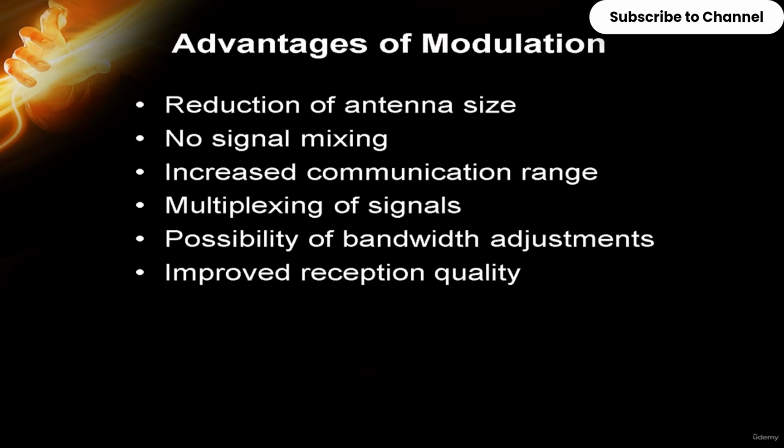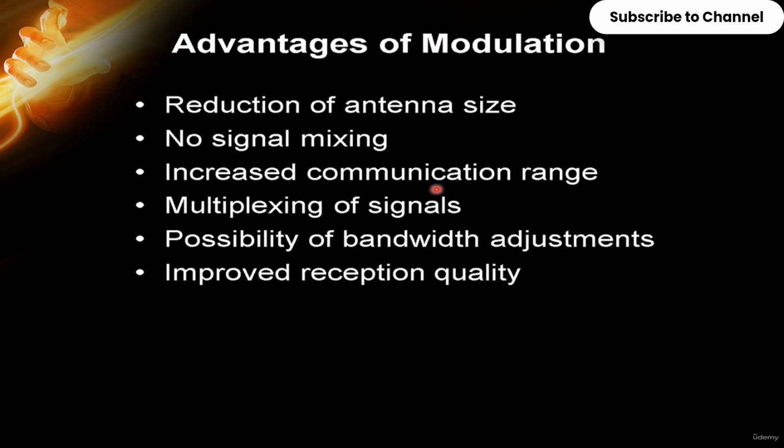So what are the advantages of modulation? Modulation reduces the antenna size. There is no need to deploy any larger antennas, and no need of signal mixing, because we are using a carrier wave which carries our information without any fading.